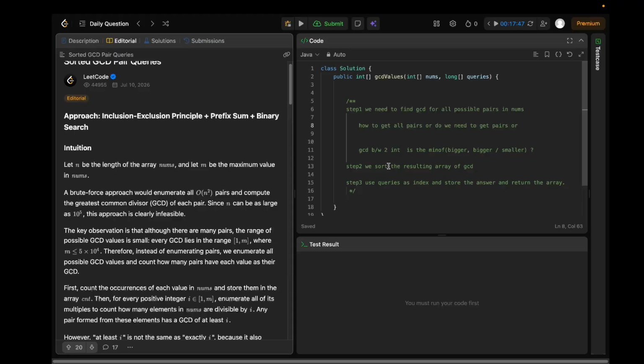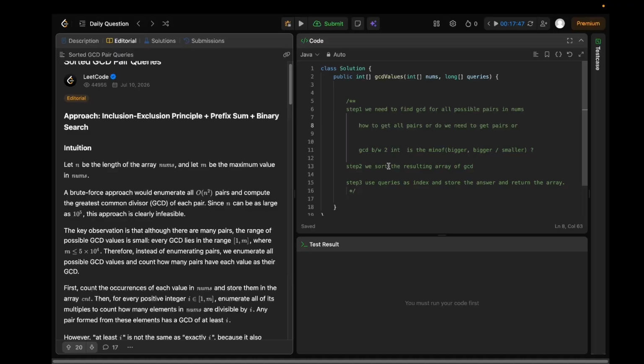First count the occurrence of each value in nums and store them in an array, because we can have multiple equal values. Then for every positive integer i, enumerate all of its multiples to count how many elements in nums are divisible by i, and any pair formed from these elements has a GCD that is a multiple of i.